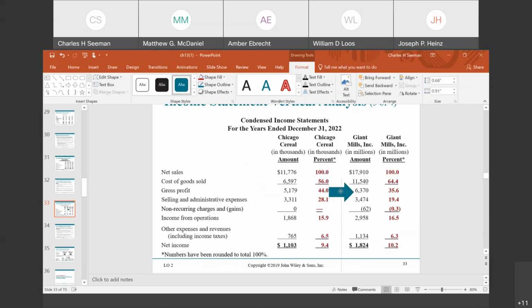So all we're doing is essentially adding down while subtracting out different components. Now we take the 6,370 and subtract 3,474 from it, and we get 2,958. And in this case, we take the 5,179, subtract the 3,311, and get 1,868. So far, okay?